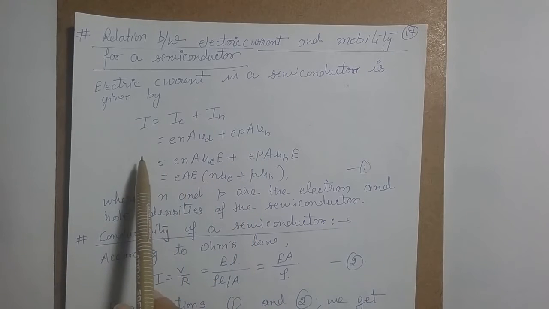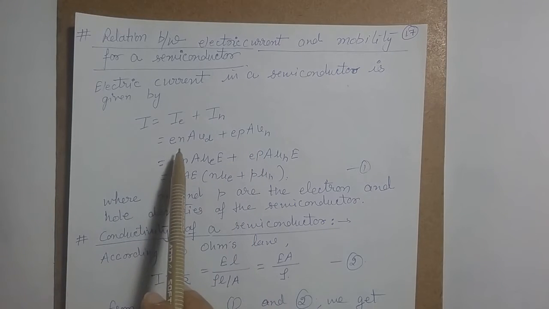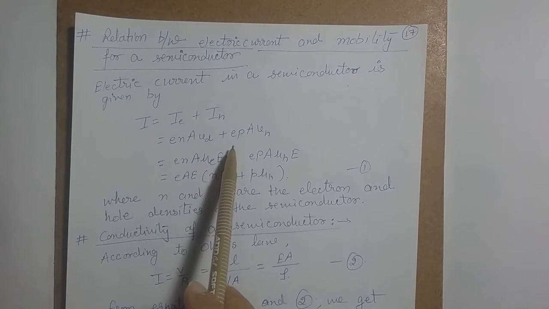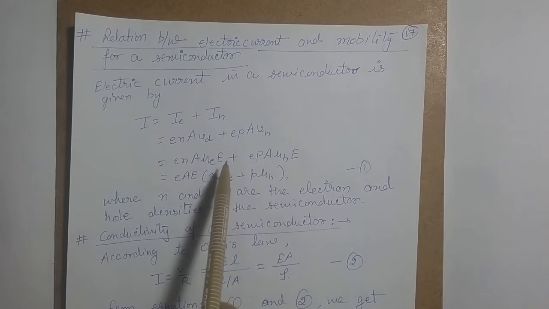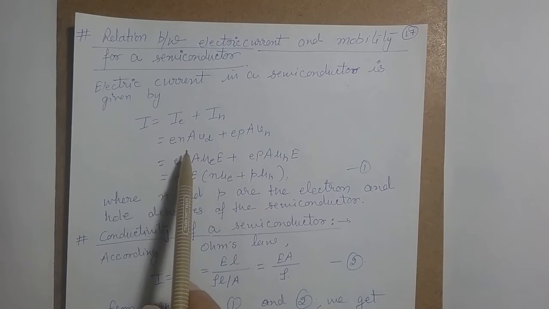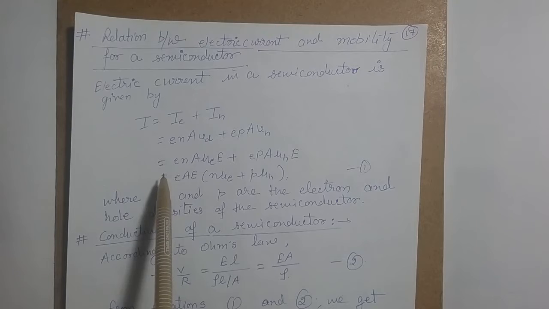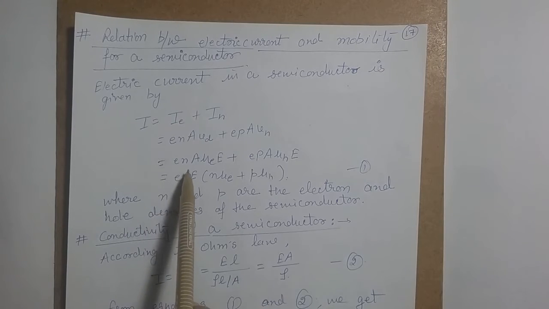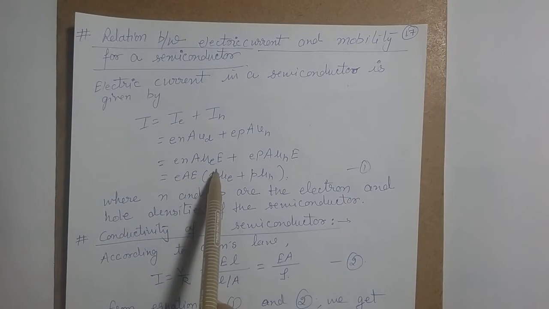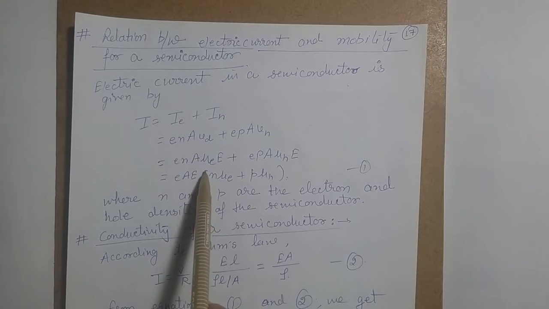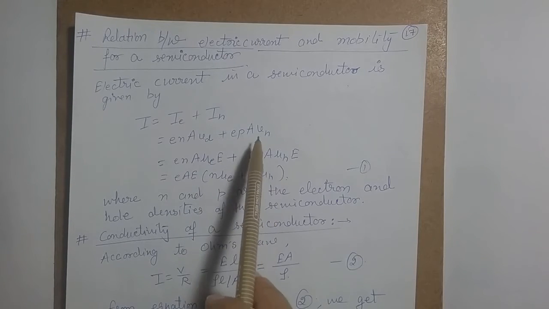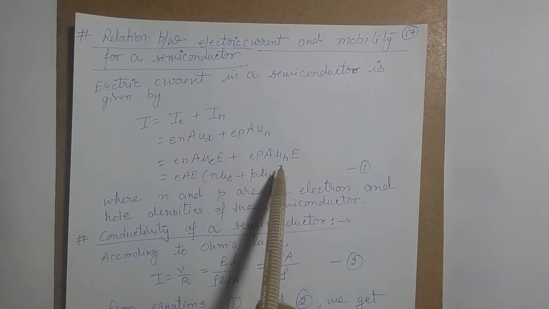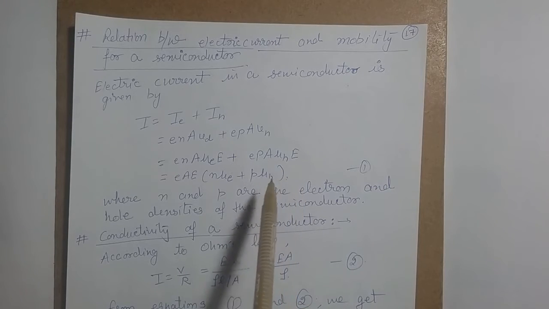We have total current equal to e n A Vd plus e p A Vd, where p is the hole density and n is the electron density. The current is e n A mu e E, because drift velocity is mu e E, and the drift velocity for holes will be mu h E.